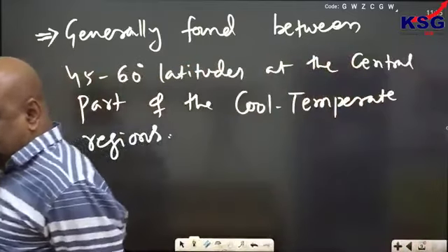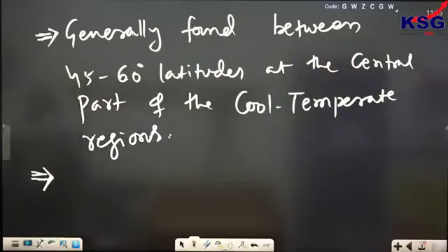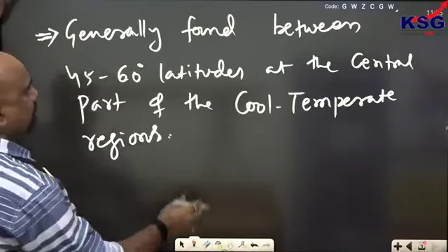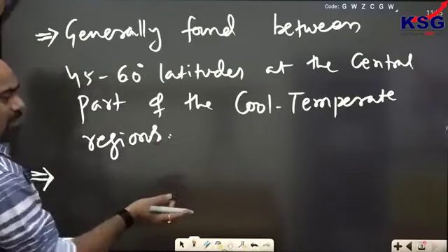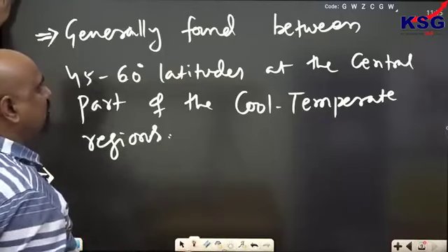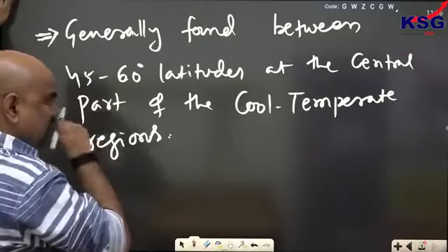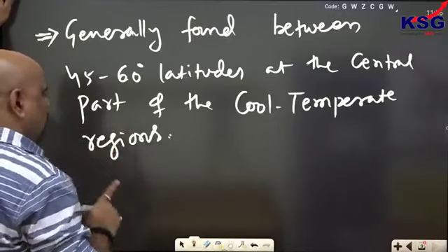Now, a very important point I would like to say again: I said about Russian Siberia, where it is very well developed, at 45 to 60 degree latitude in the cool temperate region.